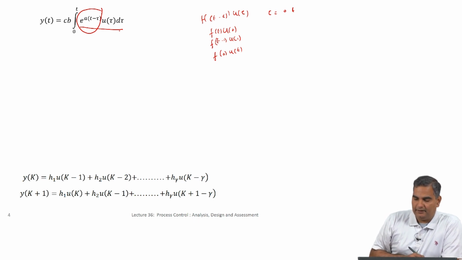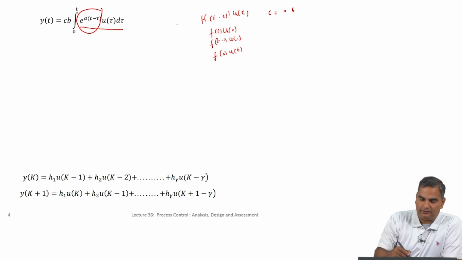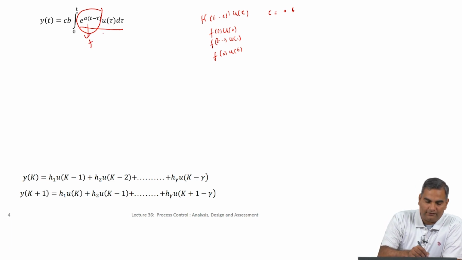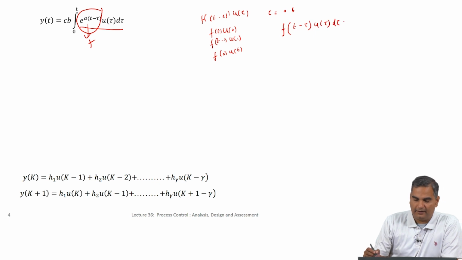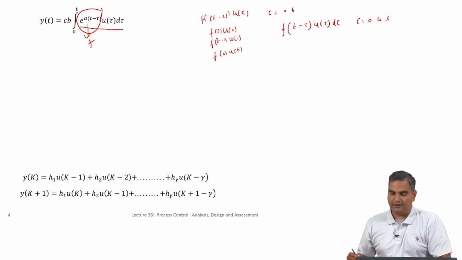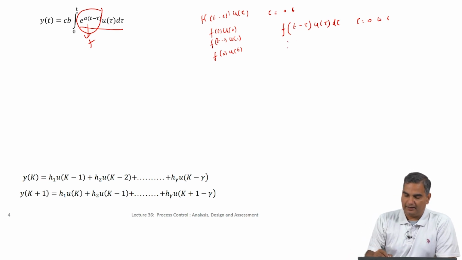If you are looking at this multiplication, I am calling this f. We are looking at f, which takes as argument t minus tau, and then u(tau) d tau, and clearly tau goes from 0 to t. Let me repeat this. If I take tau as 0, I get f(t) multiplied by u(0).